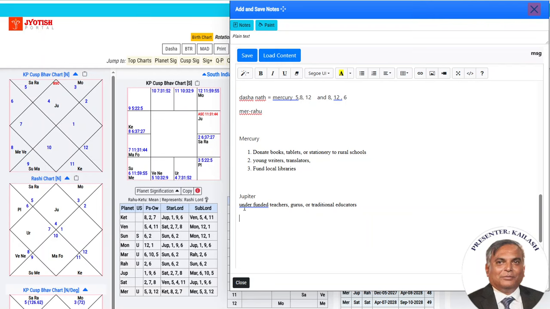So especially people who are underfunded, their donation could be made. Jupiter also represents the dharmic institutions, something related with religion. So it could be anything: a Gurdwara or a temple, mosque or church. So one can go and donate over there too.